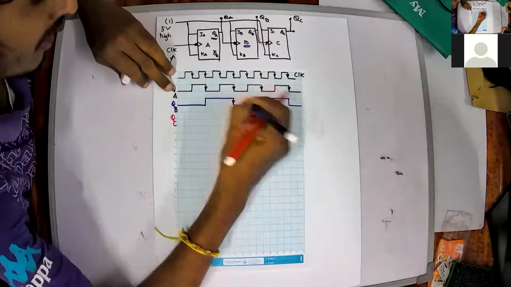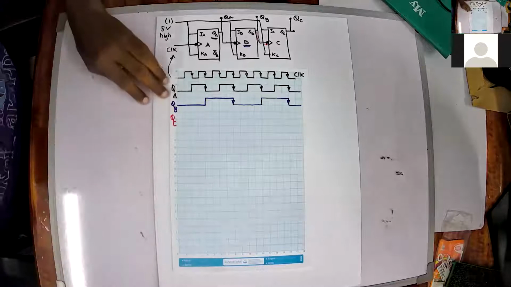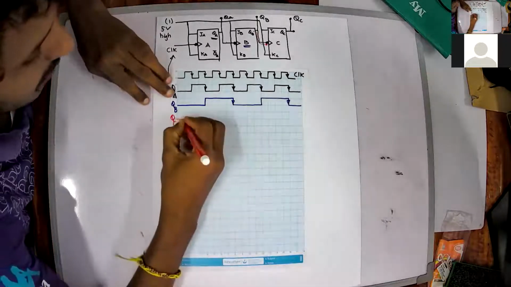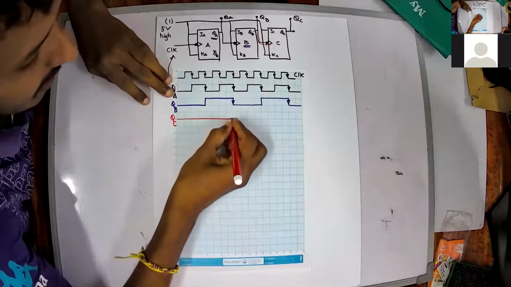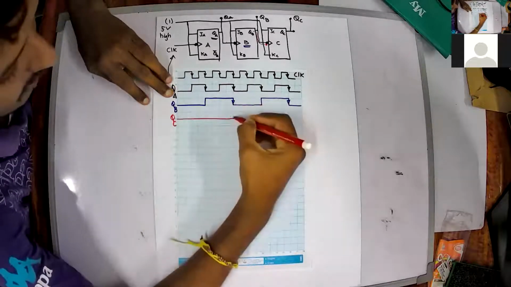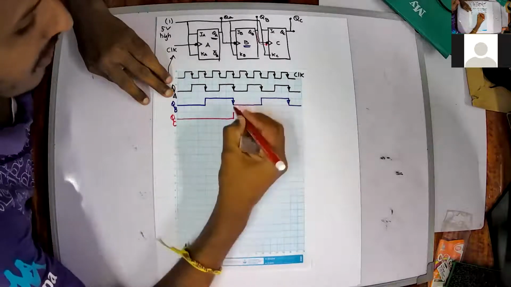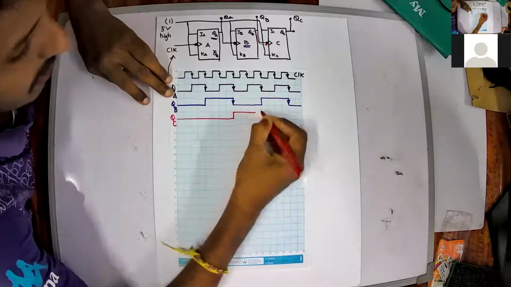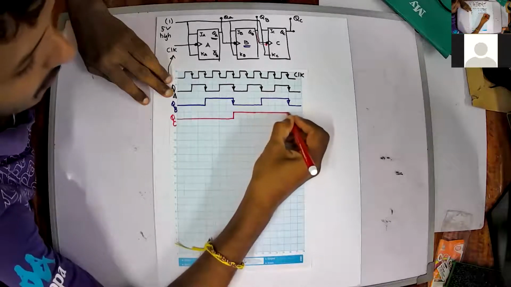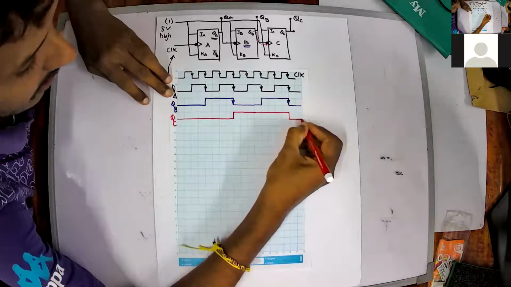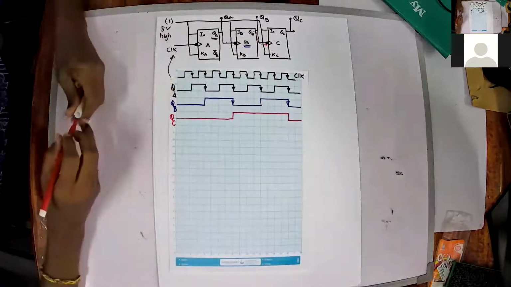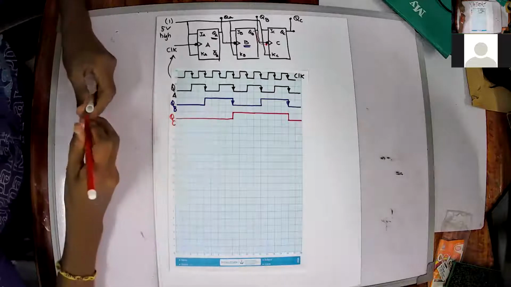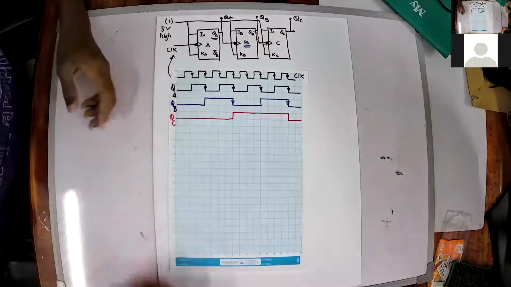I have only 1 and 2. Until I receive my first negative edge, that will be maintained at 0, and whenever I encounter the negative edge, it will be toggled, and then that will be kept constant. So this will be my QC.